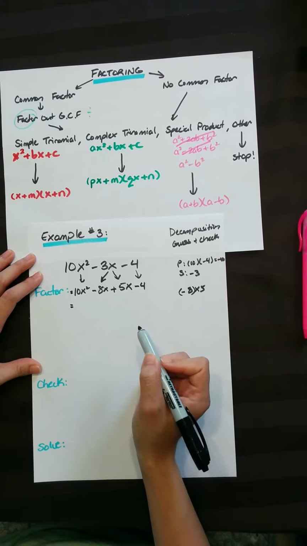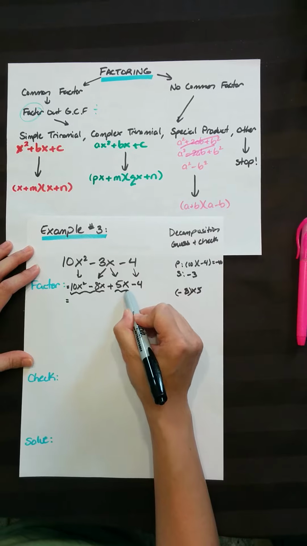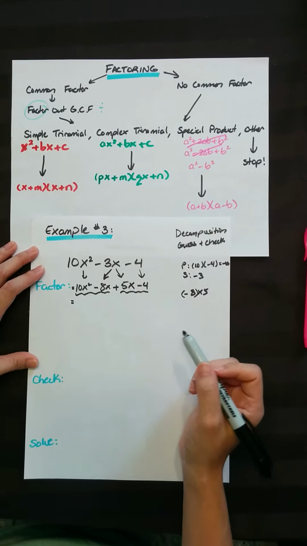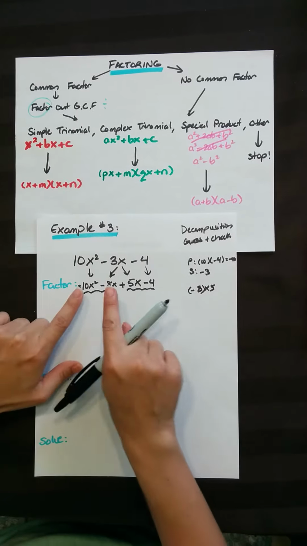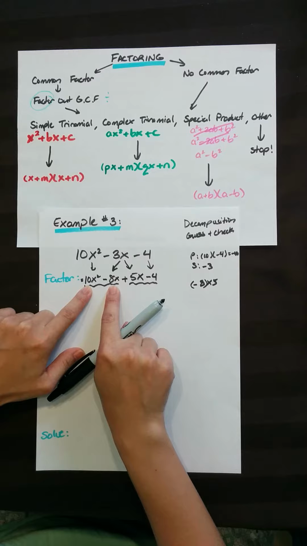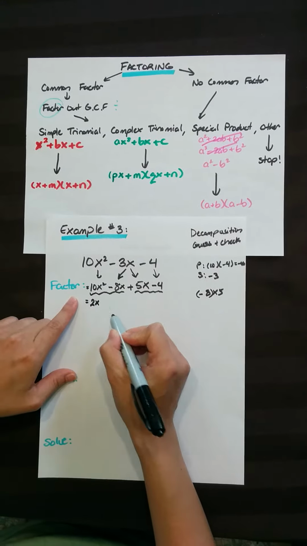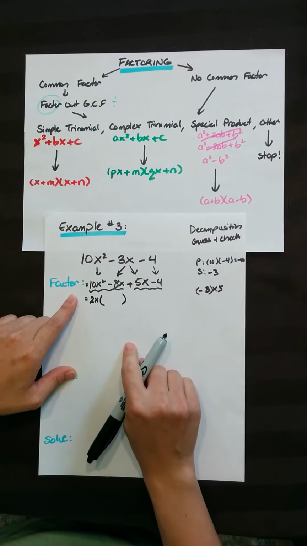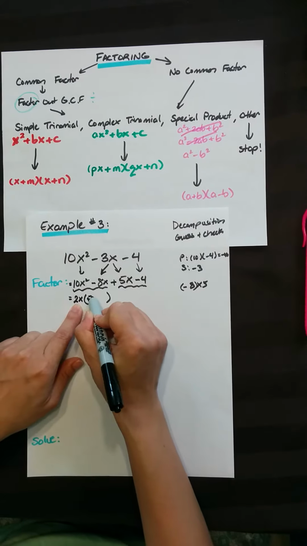Okay, now the second step is you're going to start to group the first two and the second two. And you're going to do the greatest common factor factoring out. The biggest number and variable I can take out of both of these two that they have in common is a 2. And they can each give up an x. Okay, so if I divide this guy by 2x, I'm left with 5x.